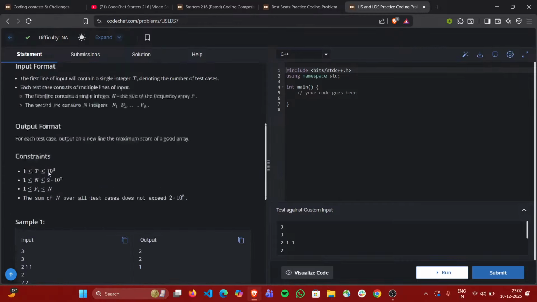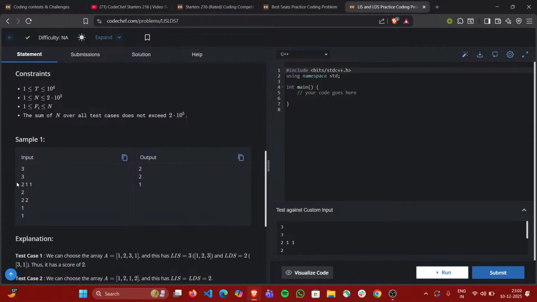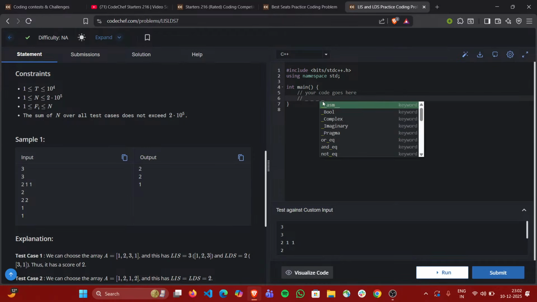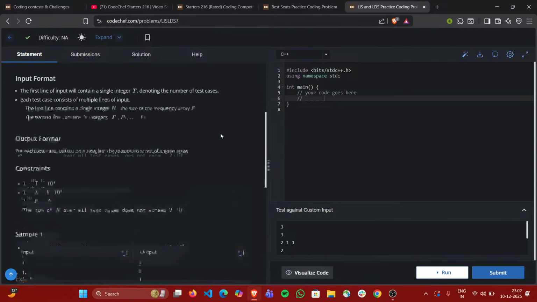It says the size of an array should be f1 to fn. So for example, in this case, the size of the array will be 4, right? If the size of the array will be 4, let us say the array is currently something like this, 4 spaces. And then it is saying that it is called good if it contains integer x exactly fx times for each x from 1 to n, right?